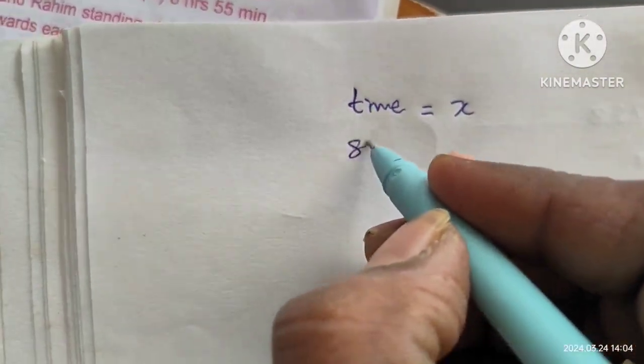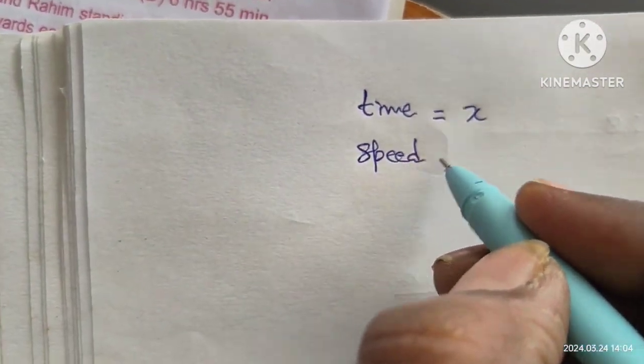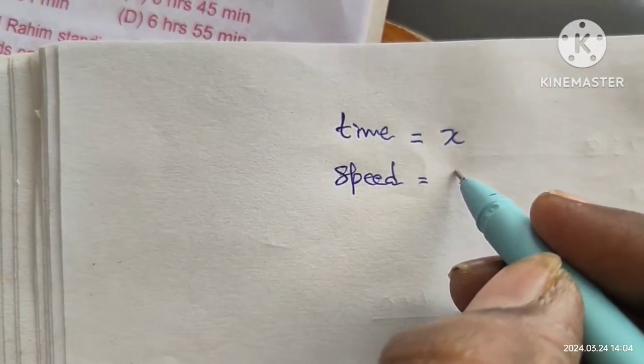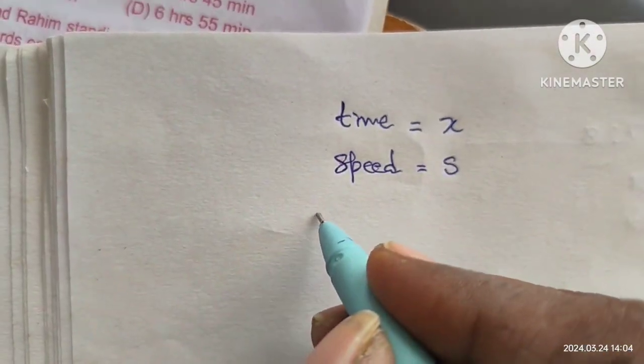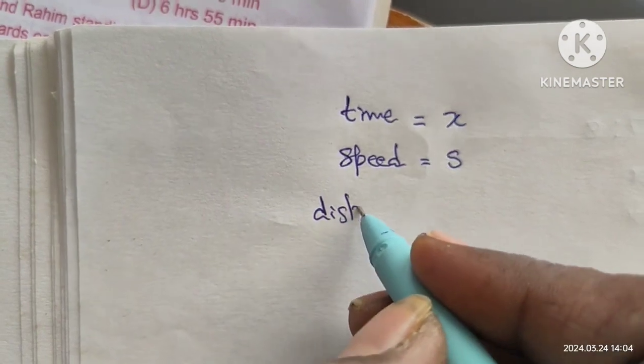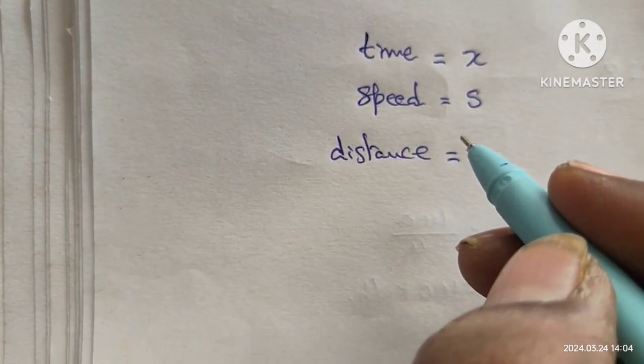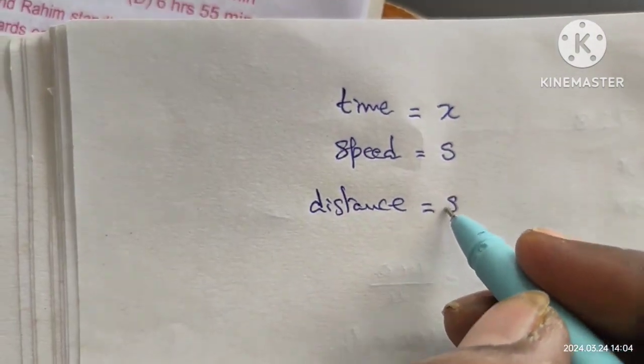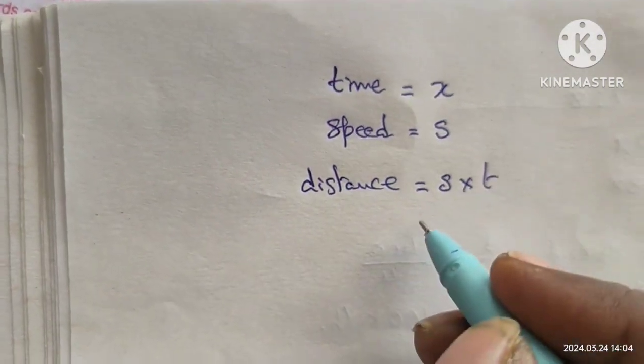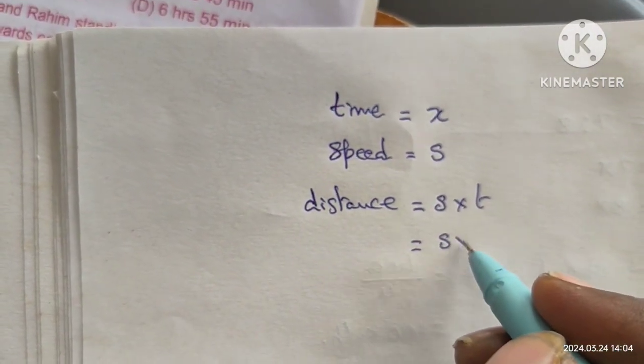Then his speed, he has some speed, so take his speed as some s. Then we can calculate the distance. Distance equals speed into time, that equals s into x.